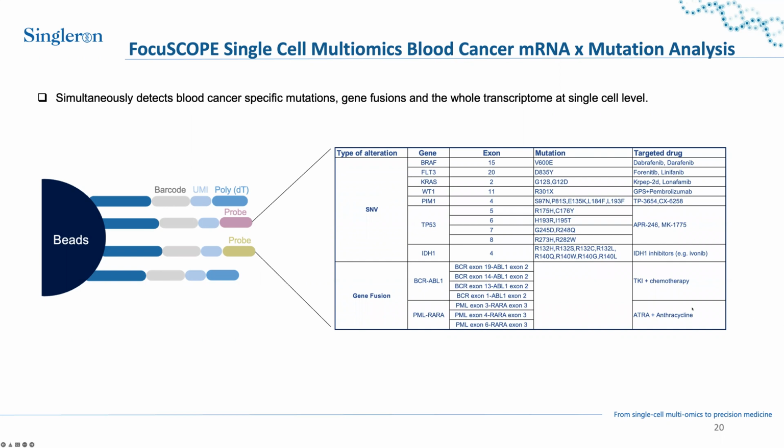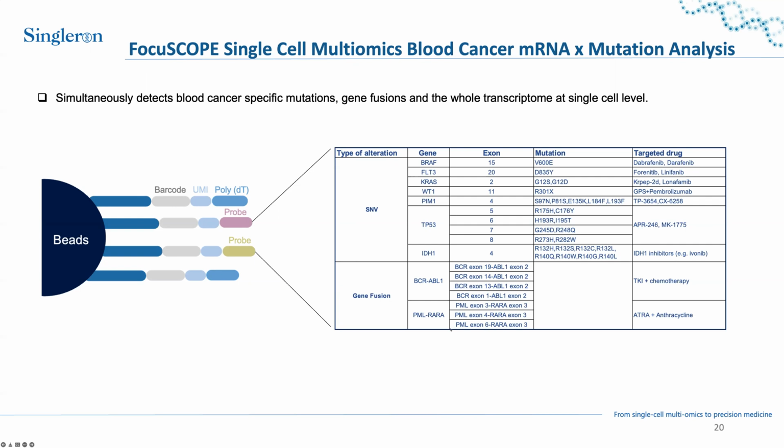For example, this RARA gene is involved in regulating gene transcription, and the PML gene acts as a tumor suppressor.